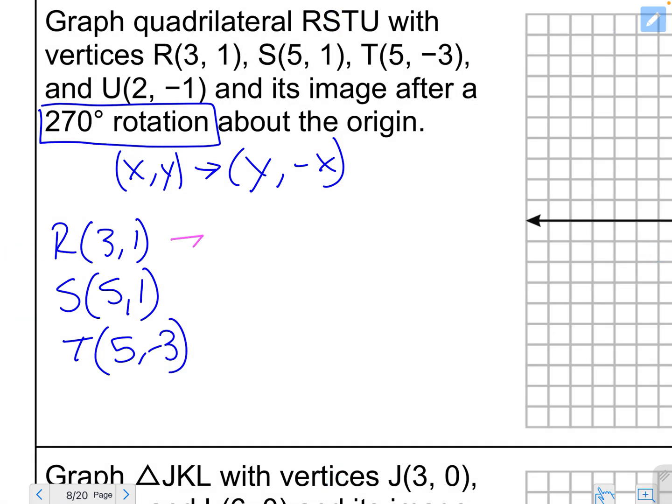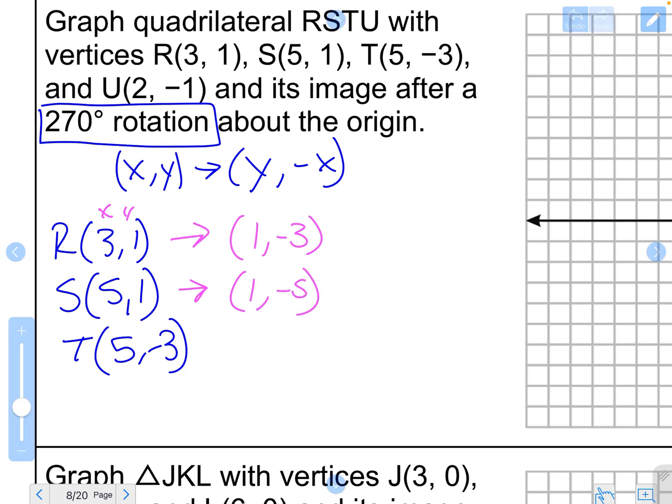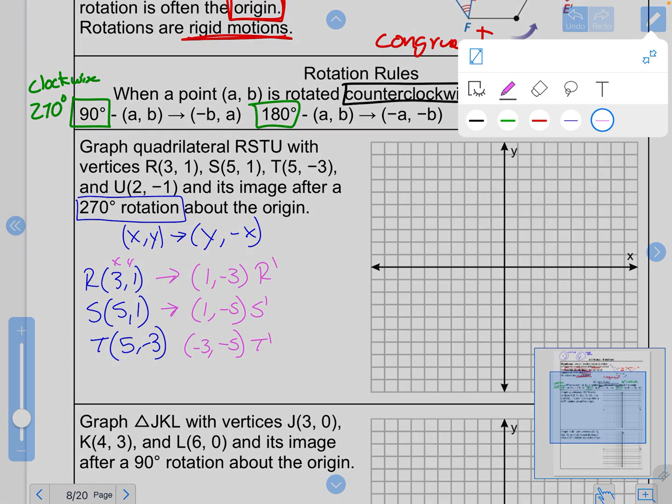And we're going to apply our transformation. So we're going to switch the x and the y, so the 1 is going to go first, and then we're going to make our x negative. Switch our x and our y, make the x negative. So that's R prime, S prime, and T prime.